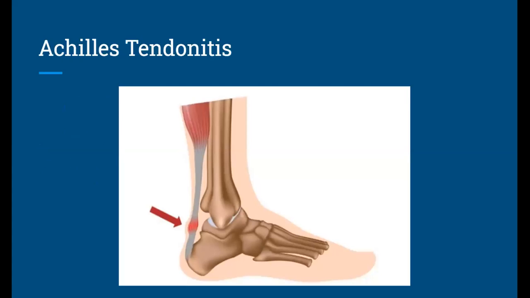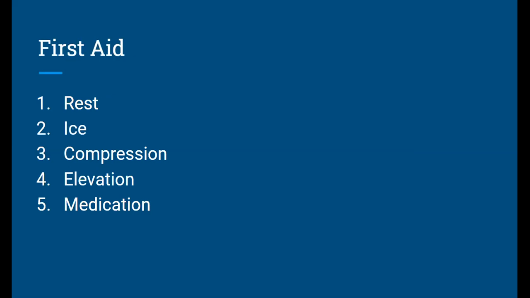And then Achilles tendinitis, we all know the Achilles tendon, and when there's swelling in that, it's called Achilles tendinitis. So again, all these first aids are very similar to each other.